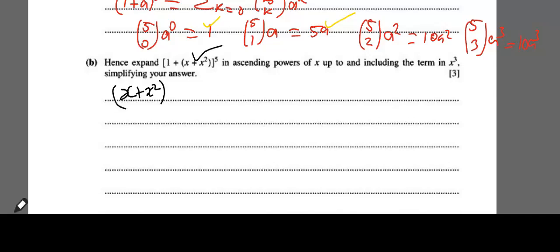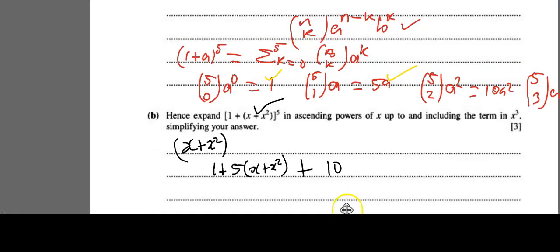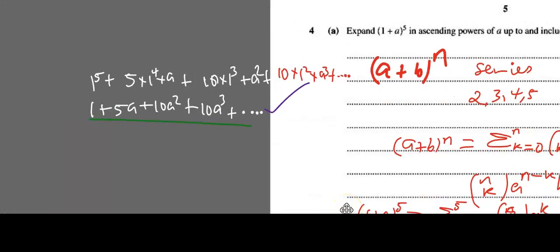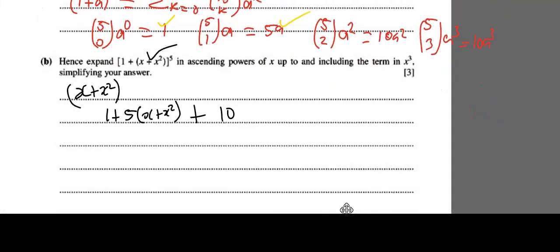So this becomes 1 plus 5, as we originally got, multiplied by x plus x squared, plus the second value we got, which was 10, so this becomes 10 times (x plus x squared) to the power 2, plus the third, 10 times (x plus x squared) to the power 3, and power 3 is the last value.